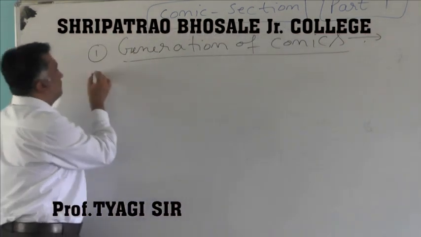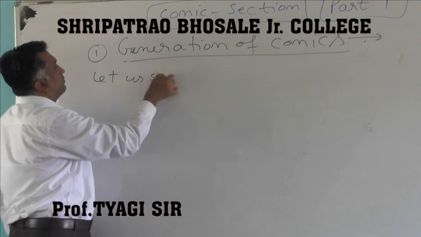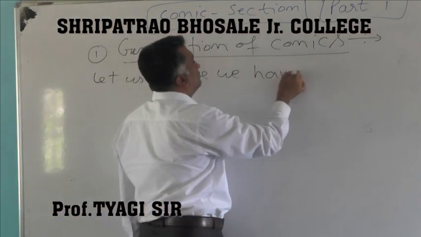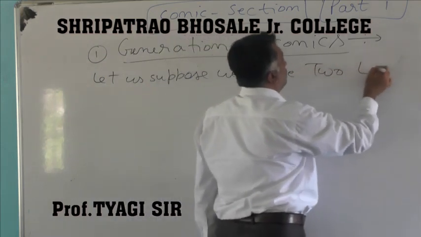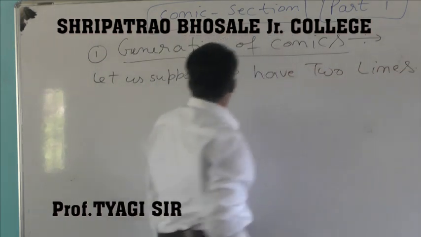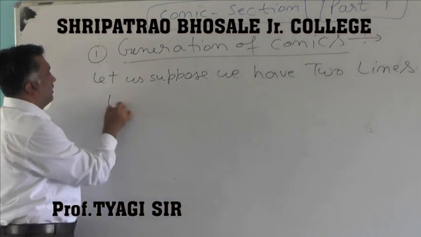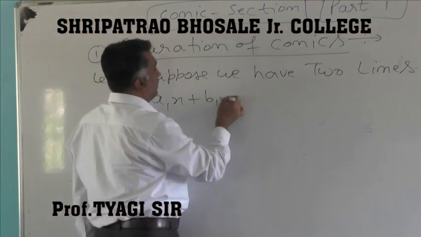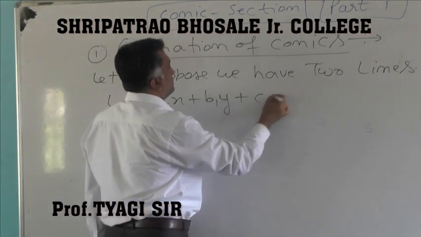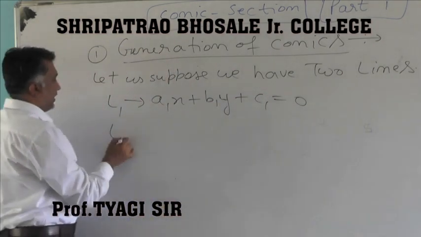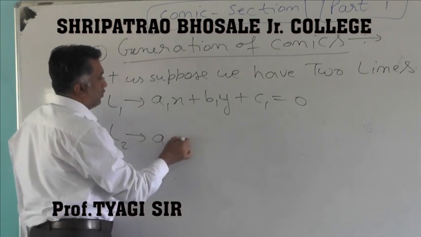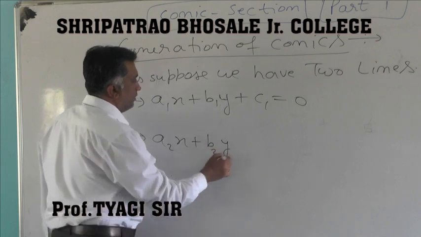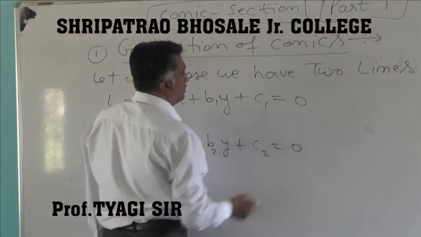Let us suppose we have 2 lines, L1: A1x plus B1y plus C1 equal to 0, and L2: A2x plus B2y plus C2 equal to 0.